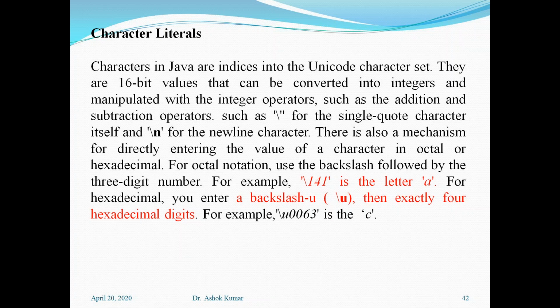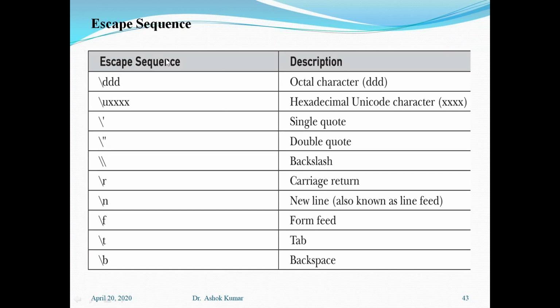So this is the escape sequence. This you already know; you have already studied it in C as well. If you want to break the line, you can use the \n new line character. If you want to leave a space, you can use tab, which is 8 spaces by default. Similarly, backspace removes the previous character.